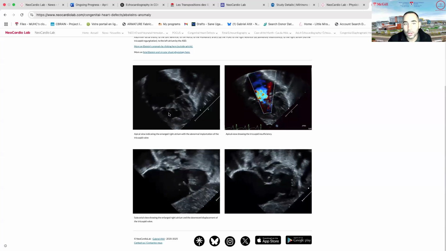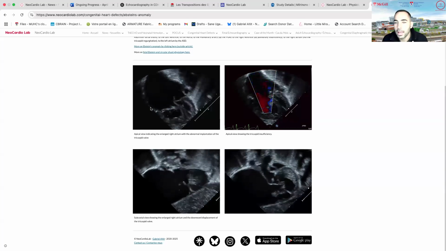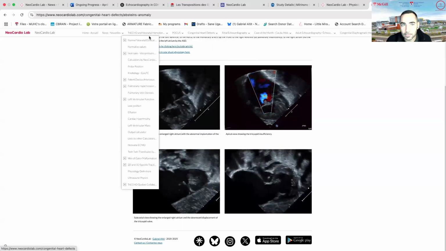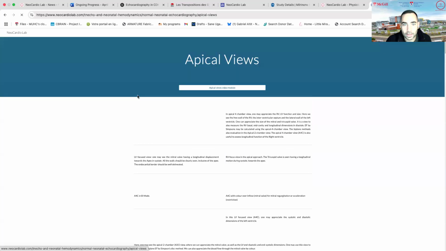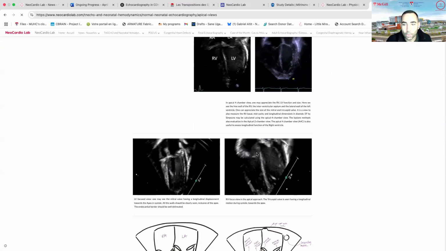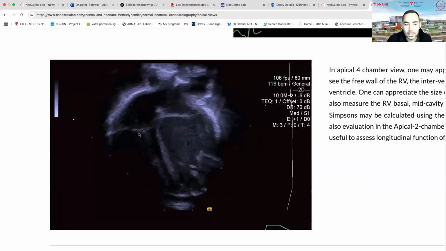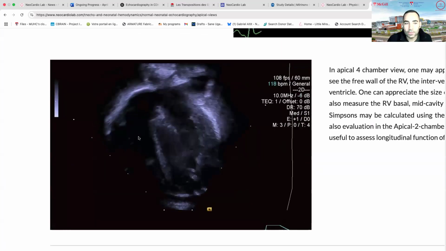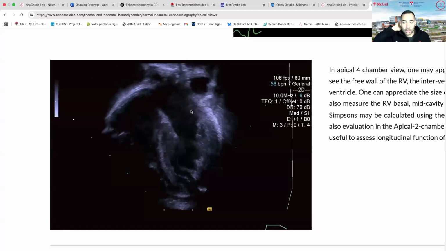This RV is usually smaller because there's atrialization of the ventricle wall, of the actual muscle of the ventricle. So there's an implantation of the tricuspid valve that is very low. Now, we know that in normal anatomy, the tricuspid valve is normally implanted more inferiorly compared to the mitral valve, which is a bit more superior, right?